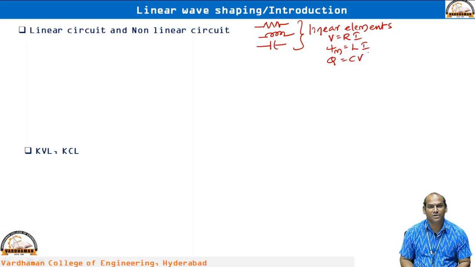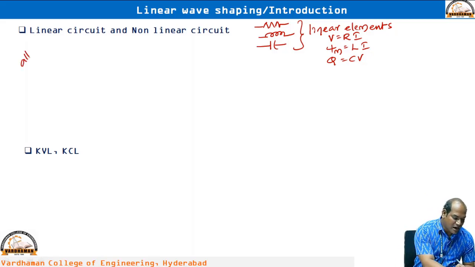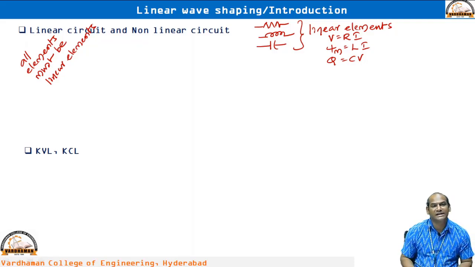All the elements must be linear, that is the key point here.